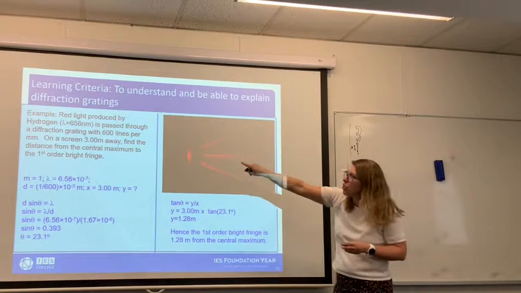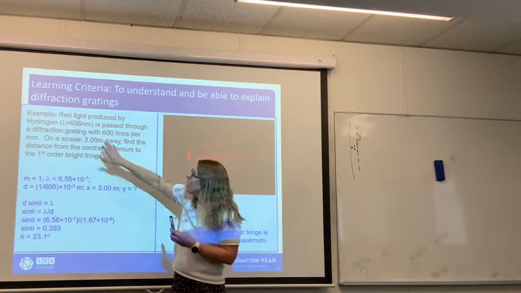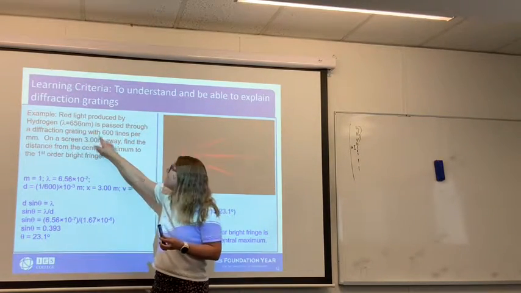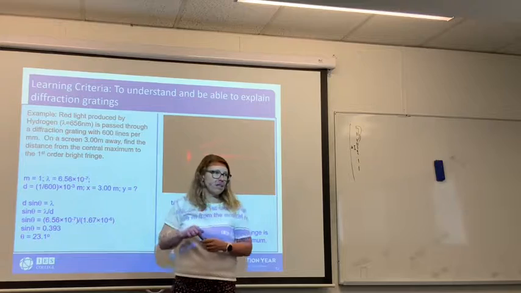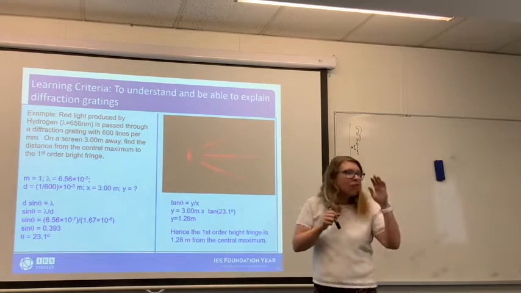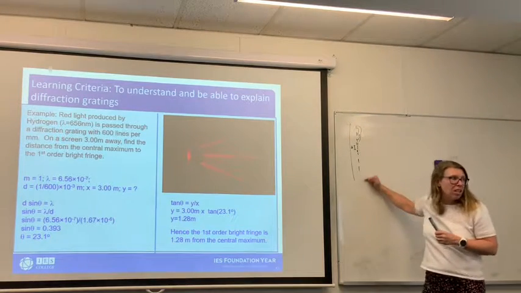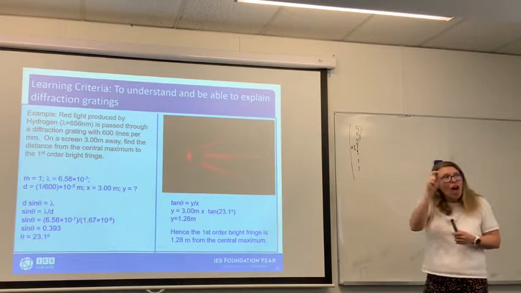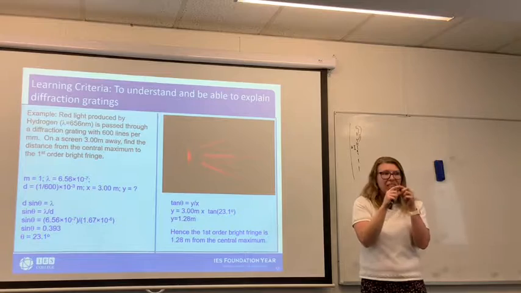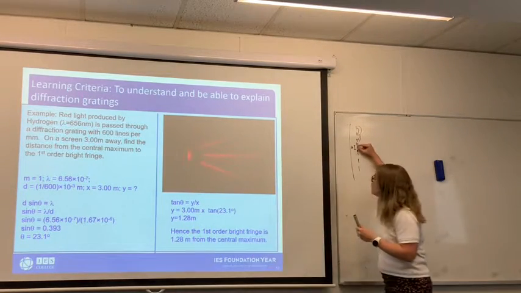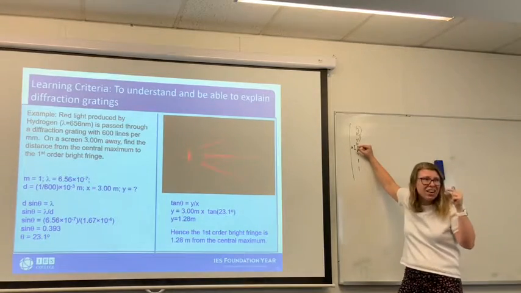So for this question, red light with a wavelength is passed through a diffraction grating with 600 lines per millimeter. So that means for 1 millimeter, there are 600 lines. If I wanted to know the value of D, the little distance between one, it's going to be tiny, tiny, tiny.